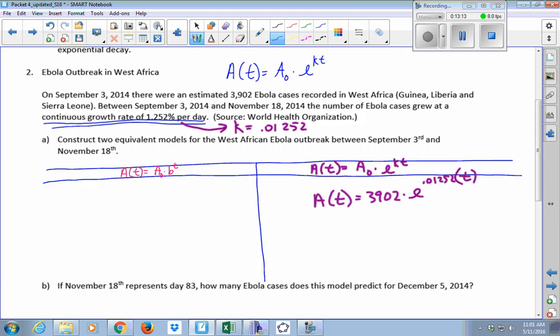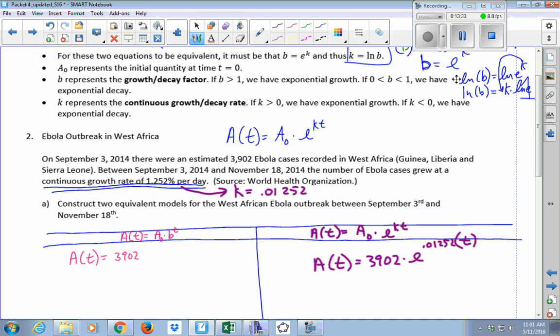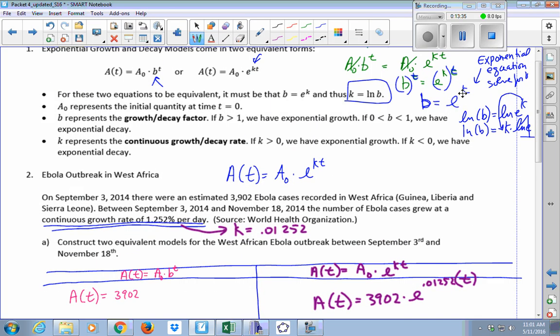Now to go back to the more familiar model for exponential functions, I have to find b. Over here, I can start to fill this in right away with the 3902, but I have to find my base. And we just found out through a little bit of algebra that b is equal to e to the k.